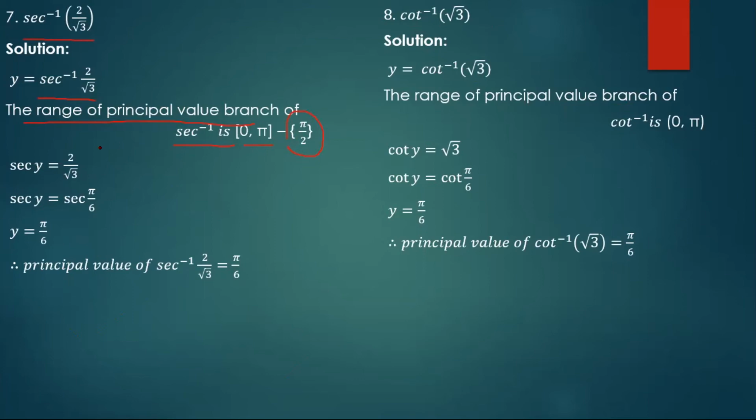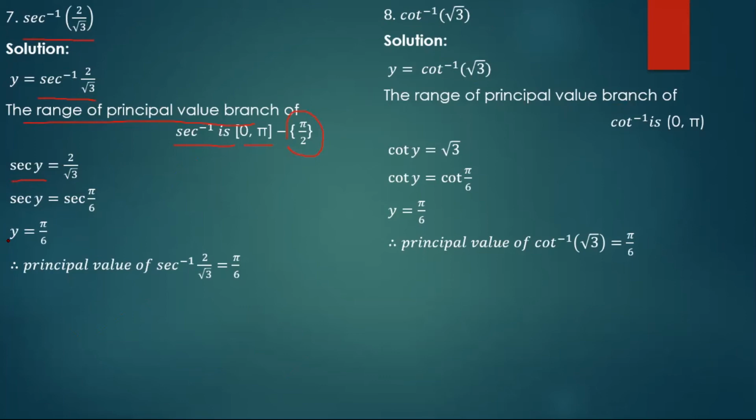Is it clear? Okay. So when sec inverse goes to the other side, it becomes sec y equal to 2 by root 3. When is sec equal to 2 by root 3? Sec 30, that is sec pi by 6 is 2 by root 3. So we write that below: sec y equal to sec pi by 6.